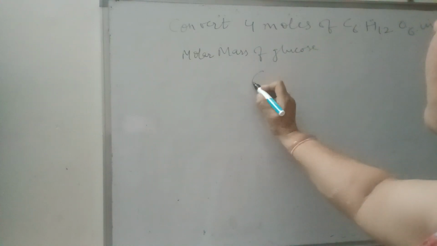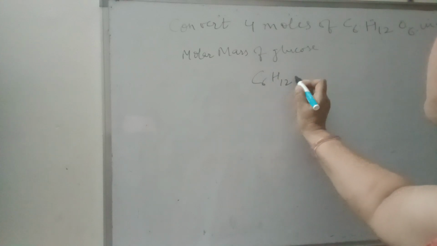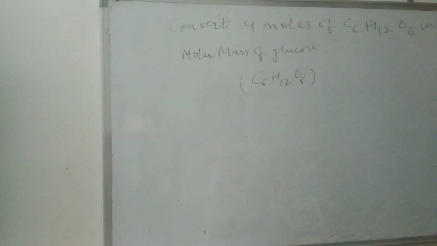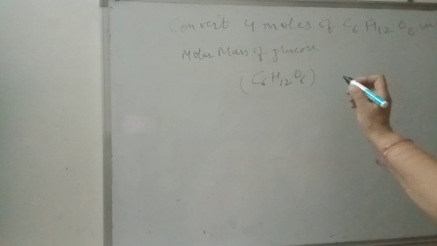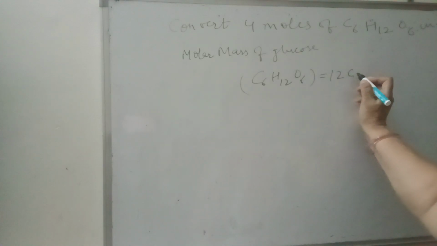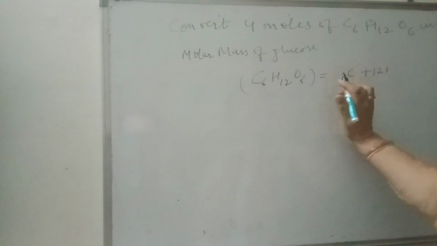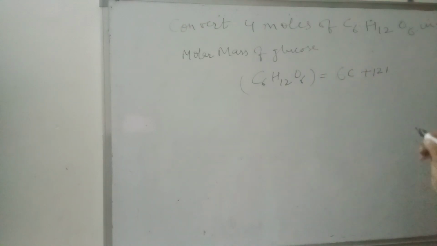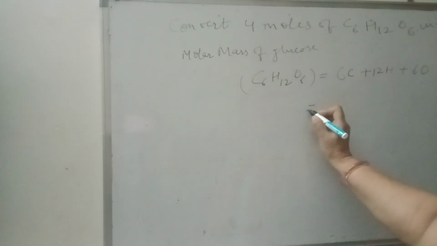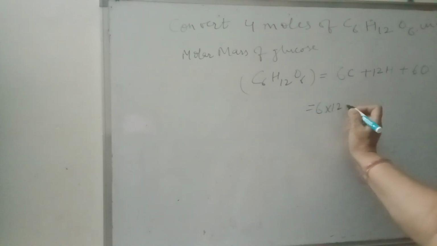We should know formula C6H12O6. It is the formula of glucose. In it we have 6 carbon atoms, 12 hydrogen atoms plus 6 oxygen atoms. The atomic mass of carbon is 12.